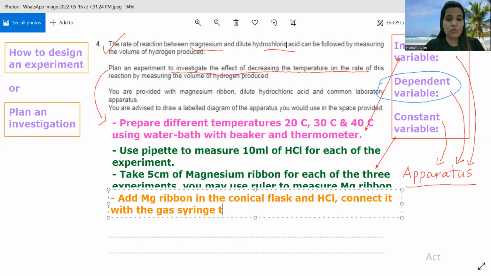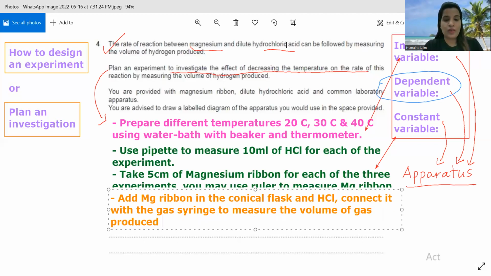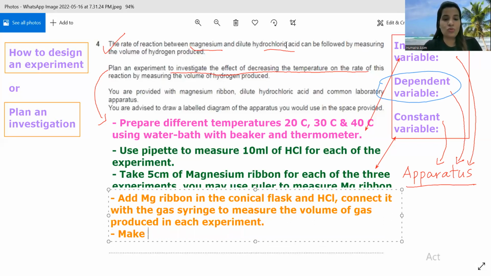Okay, to do what? To measure the volume of gas produced in each experiment. Here, you will also keep the timing the same, right? So make sure to collect the gas reading, meaning what is being produced, every minute or every 30 seconds.